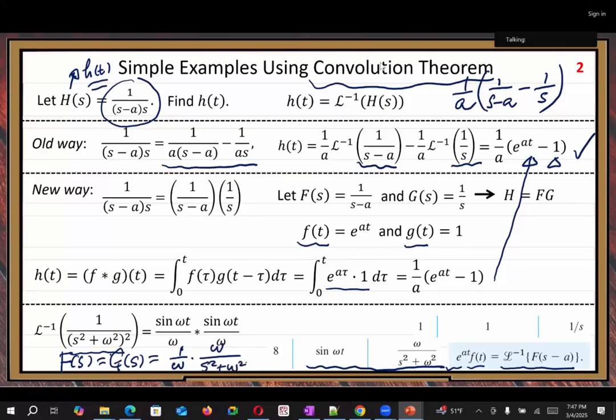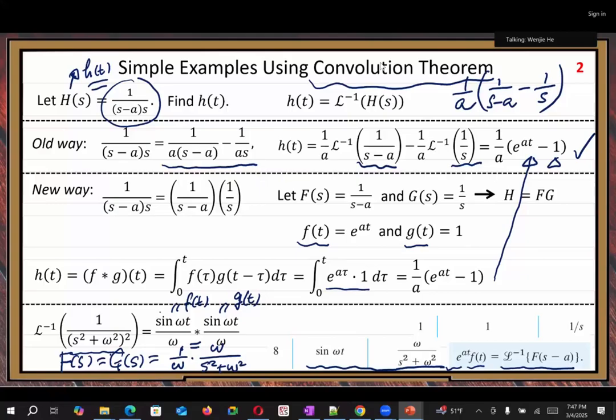So little f, little g, the same function. Little f(t), little g(t), same function, but you need to do convolution to get the original little h function. That's the convolution theorem.